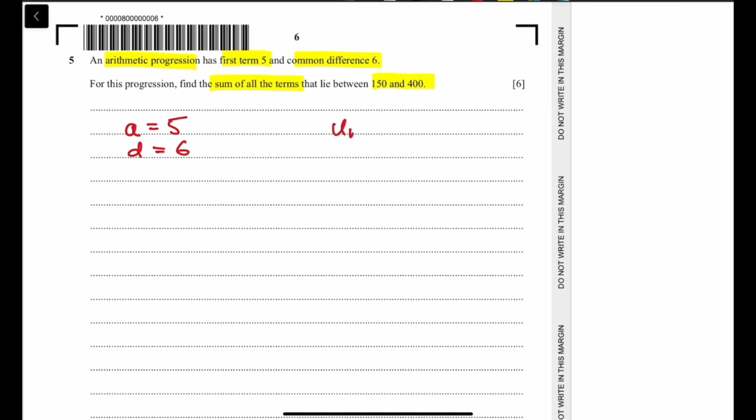Our nth term, Un, equals a plus n minus 1 times d. In other words, our nth term equals 5 plus n minus 1 times 6.